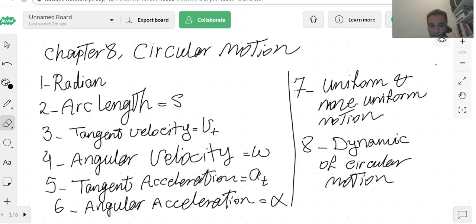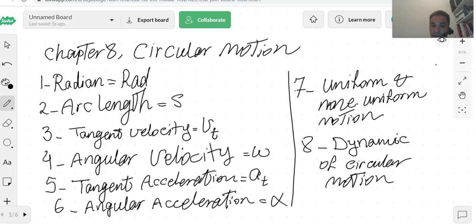What we need to know from the beginning of circular motion: first of all, I'll go over kinematics of circular motion, then dynamics of circular motion. The topics that we need to know: the first one is radian. What is the definition of radian? The second one is arc length, which we show by S. Radian we show by RAD. The third one is tangent velocity, which we show by VT.